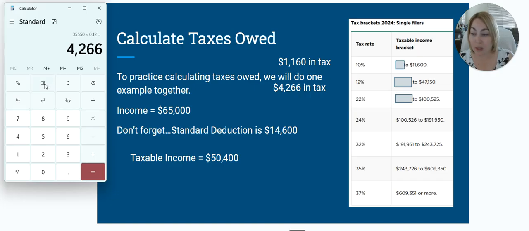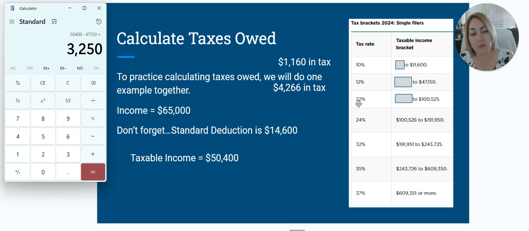Okay, so let's go ahead and do that. $50,400, I'm going to take away the $47,150 that I have already paid taxes on, because again, I don't want to have to pay double or triple taxes, okay? So that leaves me with $3,250 left of my income, okay? It's being taxed at 22%.